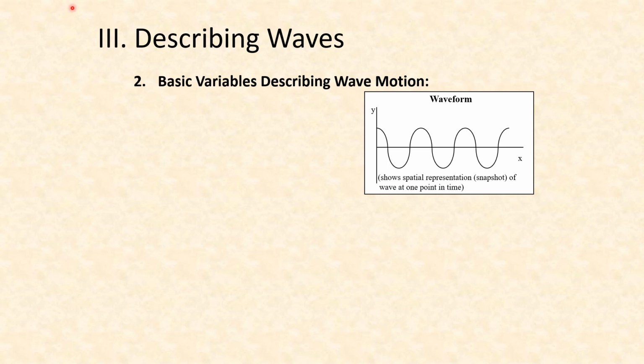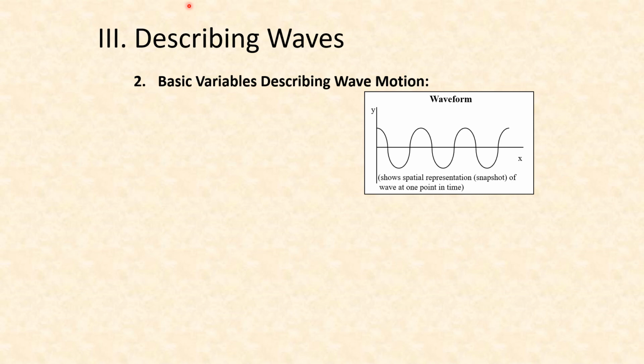So when it comes to the task of describing waves, I want you to think back to the beginning of your physics career in your course on mechanics, where you were asked to describe the motion of objects. And recall there we said that in order to describe the motion of objects, whether we're talking about objects moving in one dimension or two dimensions, we introduced a set of kinematic variables that would allow us to do so.